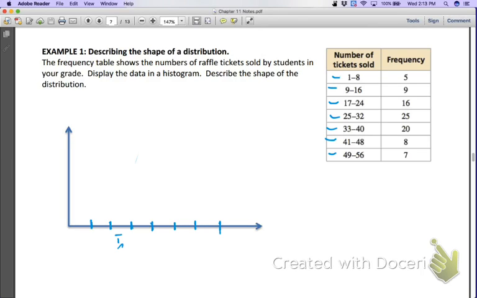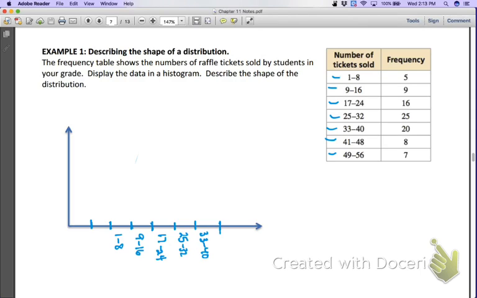I'm going to put my intervals going to the side. So 1 to 8, 9 to 16, 17 to 24, 25 to 32, 33 to 40.